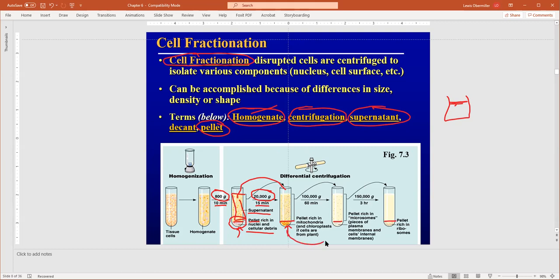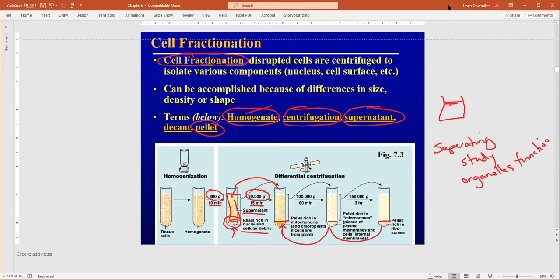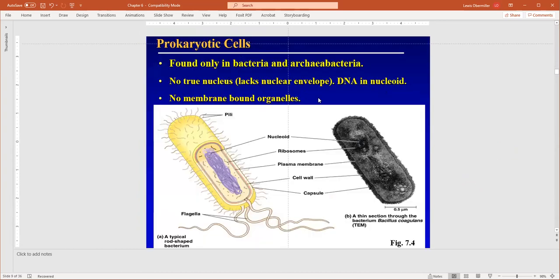And by this, we're going to get smaller and smaller things come out in the pellet. And we're basically separating them so we can study what these organelles' functions are. And this is how scientists figured out what the mitochondria do and all that other stuff.